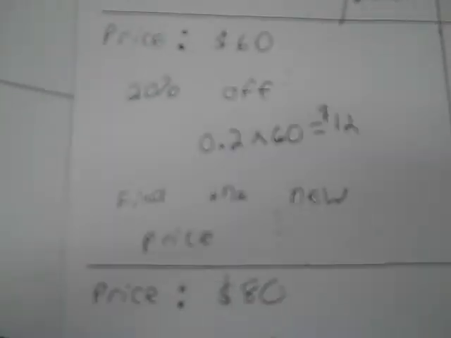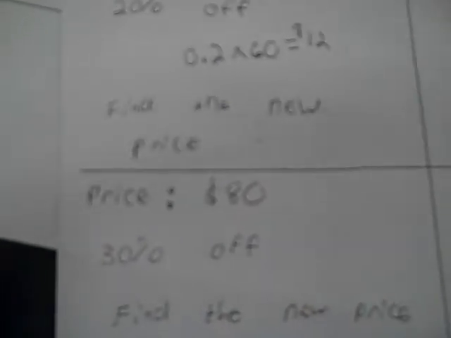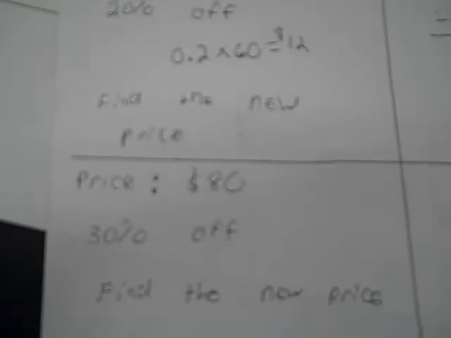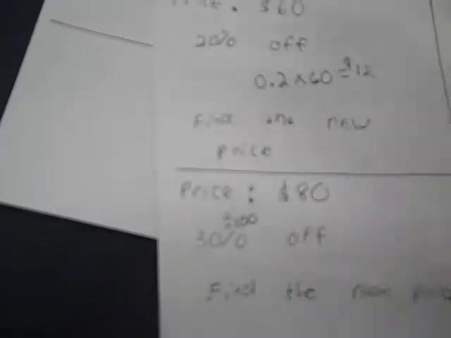Okay, the price of something's $80, and then there's 30% off. I find the new price. So I know I'm going to take $80 minus something, okay? But don't subtract 30, okay? It's not $30. So again, I divide by 100.